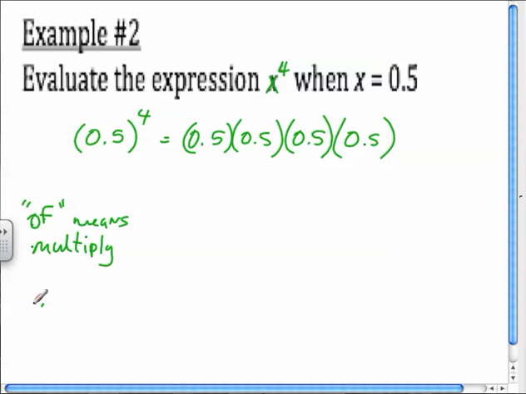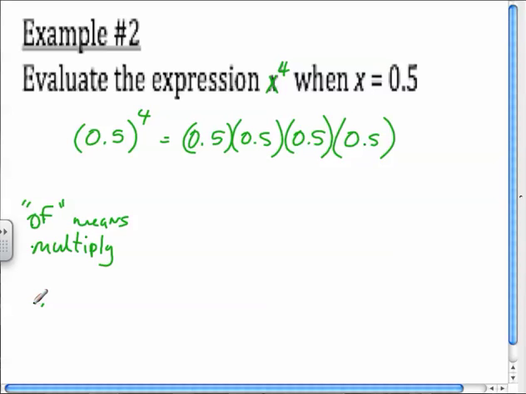1/2 of a quarter, or 1/2 times 1/4, makes 1/4 smaller. It makes it 1/8. So when I'm multiplying these decimals, 0.5 times 0.5 times 0.5 times 0.5, are these numbers getting bigger or are they getting smaller, Henry? They're not getting bigger.